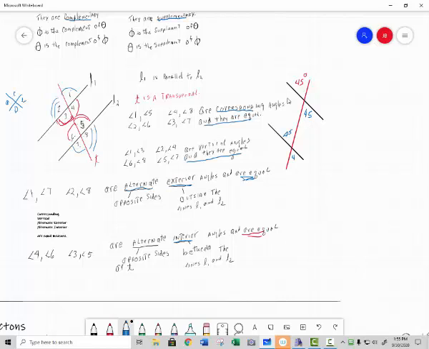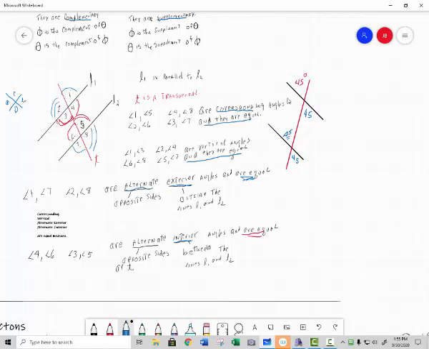And I could have said that this 45 and this 45 right here are corresponding. These are vertical. I could say that alternate exterior angles are equal. But the bottom line is you can use any of these methods over here to say that those values are equal.